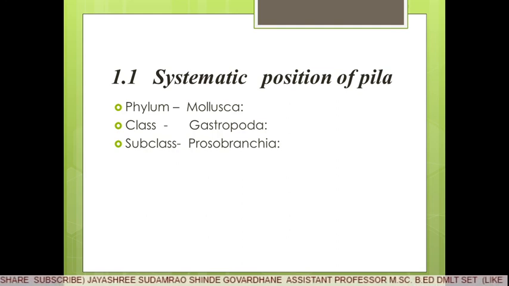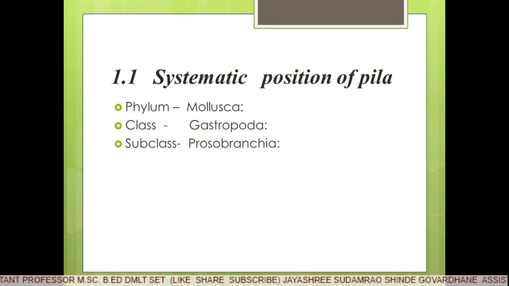See the subclass characters. Head bearing a pair of tentacles and a pair of eyes. Visceral torsion is 180 degrees. Due to torsion, the visceral mass and visceral nerve commissures are twisted into a figure of 8. Mantle cavity opens anteriorly and ctenidium is in front of the heart.